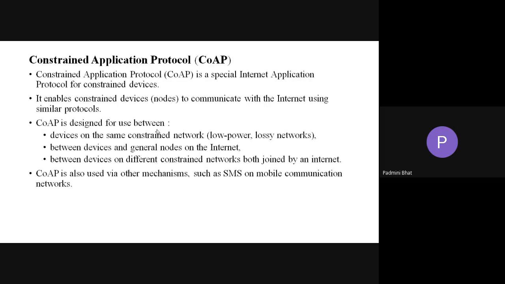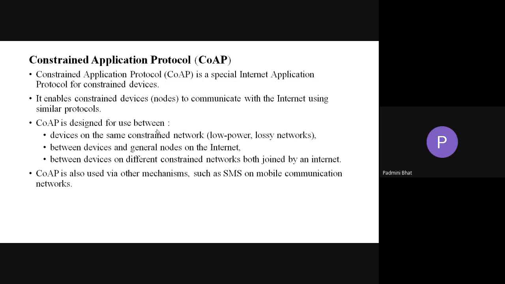One is with the same kind, where no transforming is there. The second one is from the device to the nodes in the internet. So one transform is there from that device to the internet. When we go, we get one gateway, and there the transforming of the codes or the data takes place. The third one is between devices of different constrained networks.